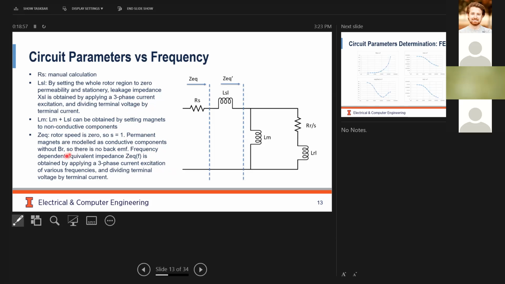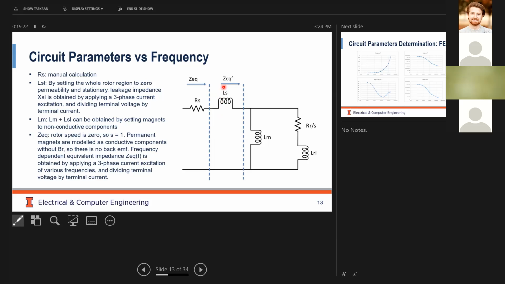The last critical step is to calculate the RR and LRL, which is by setting the rotor speed to 0 and the permanent magnets are modeled as conductive components without any BR, remnant flux density. So there should be no back EMF.